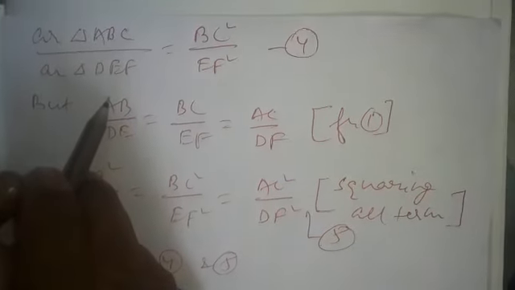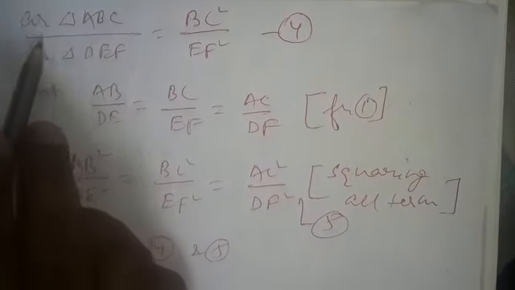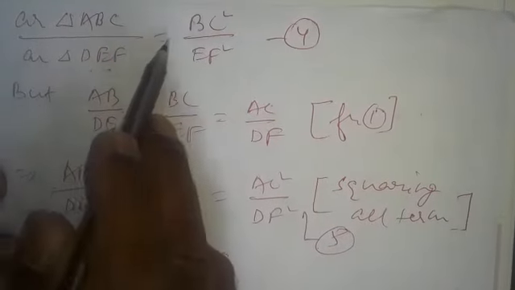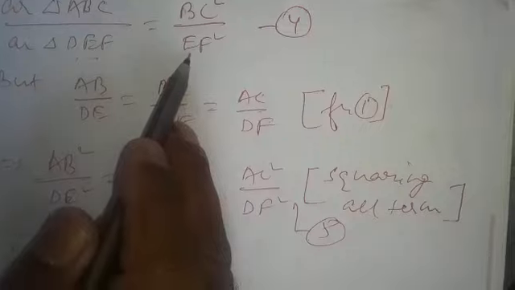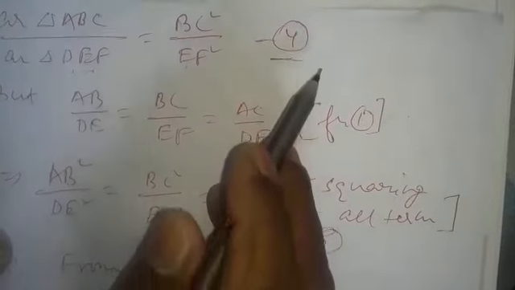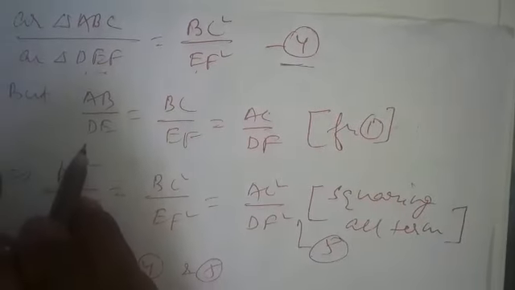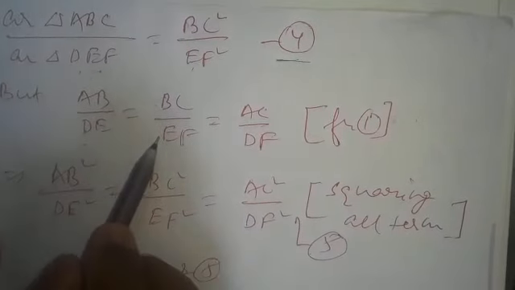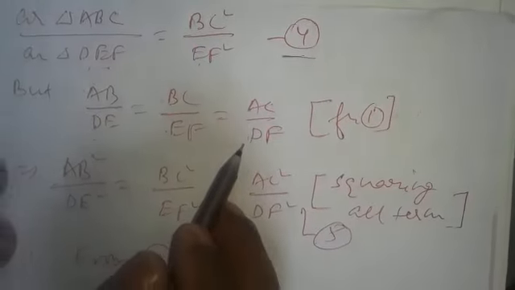Now we will prove this theorem. Area of triangle ABC by area of triangle DEF can be expressed as BC square by EF square. It is equation number 4. But we know from equation number 1 that AB by DE is equal to BC by EF is equal to AC by DF.